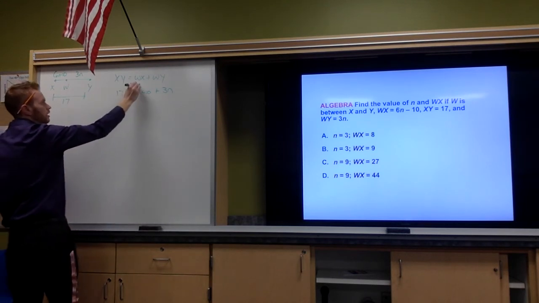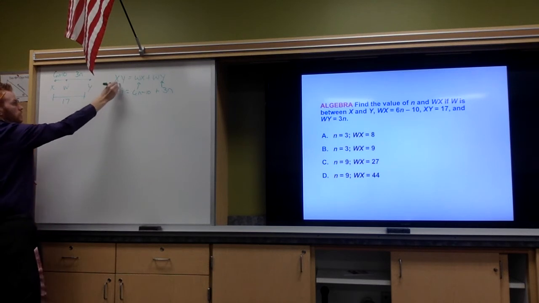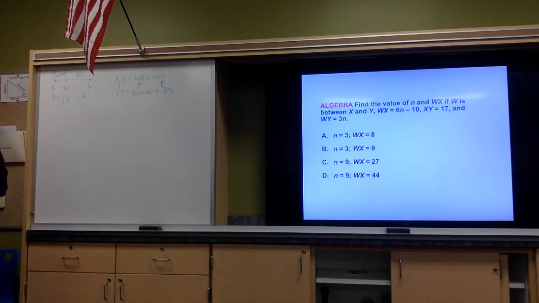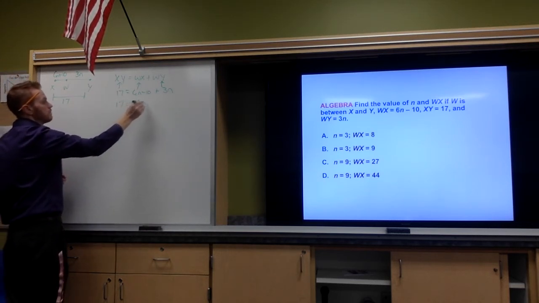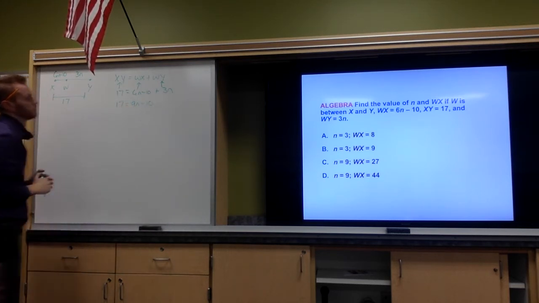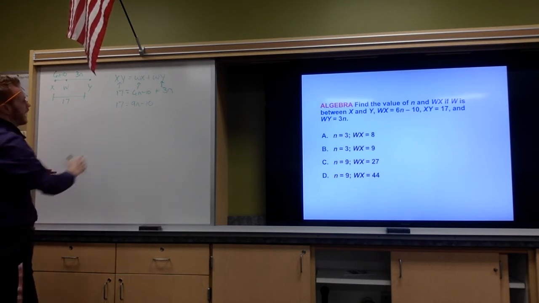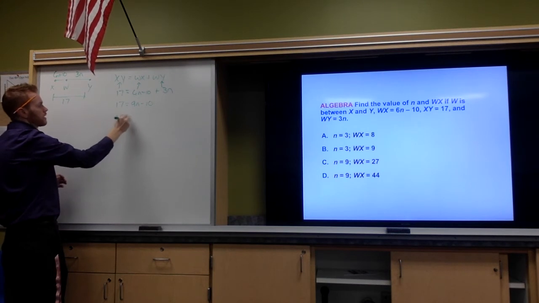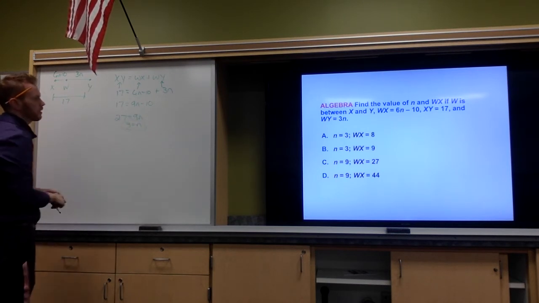So I literally took those out and plugged the numbers in. Now we continue to solve. 17 equals 9n minus 10. Add 10 to the other side, we get 27 equals 9n. And divide, we get n to be 3.